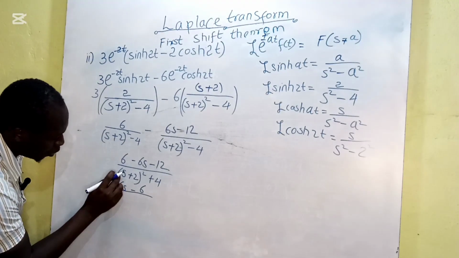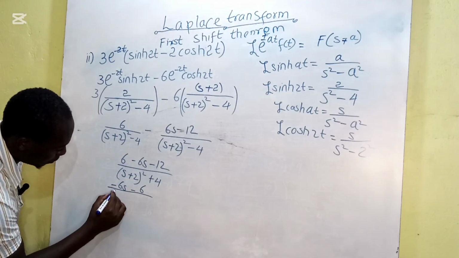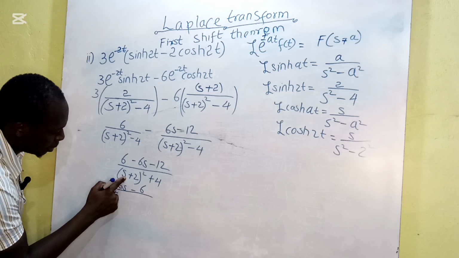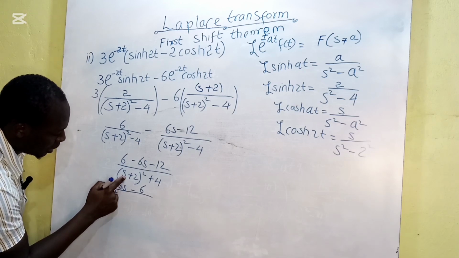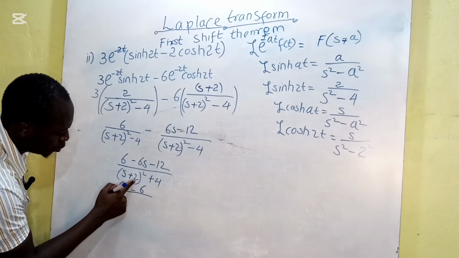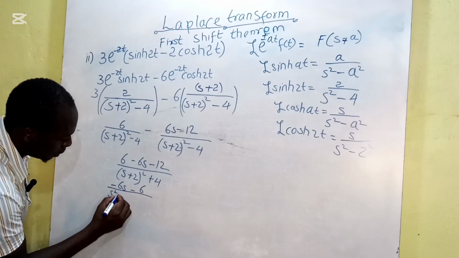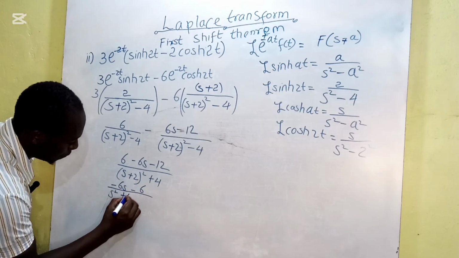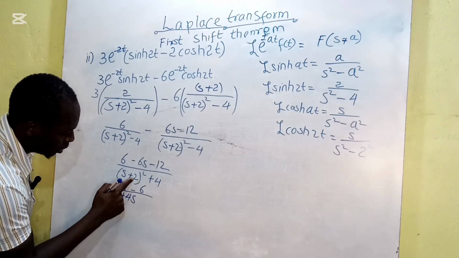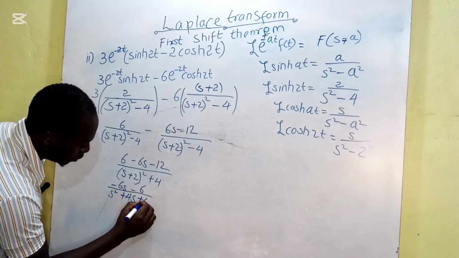Here when we open our bracket, we are going to have s squared, s multiplied by s, s multiplied by 2, and 2 multiplied by s, we are going to have 4s. We come and add 4.